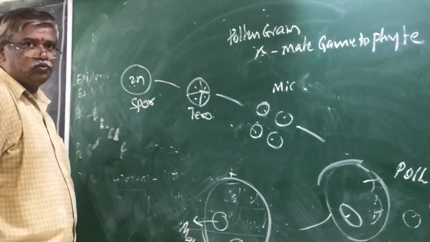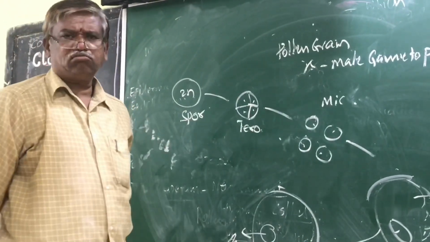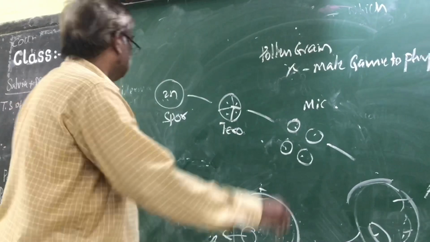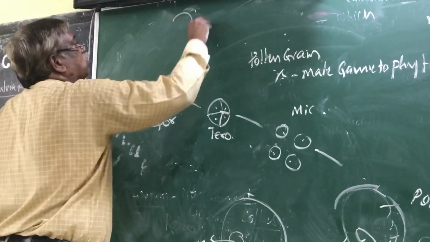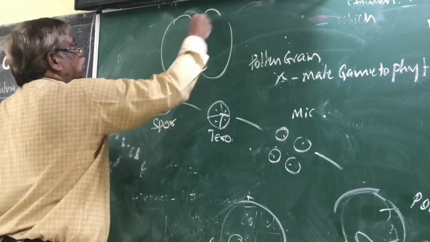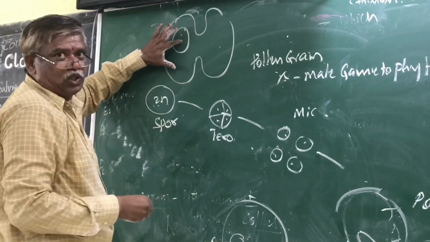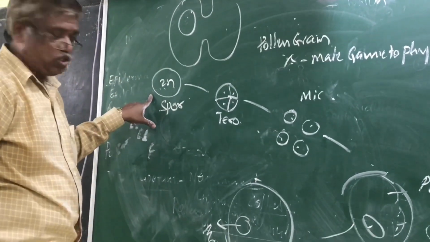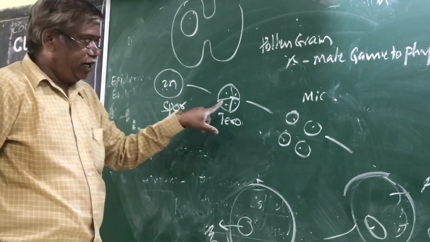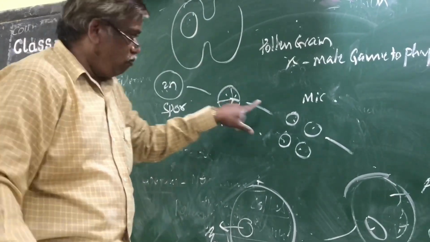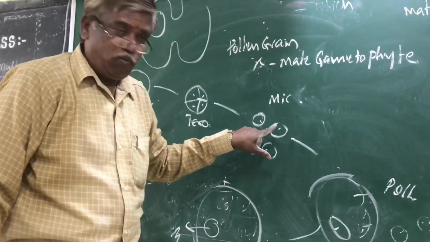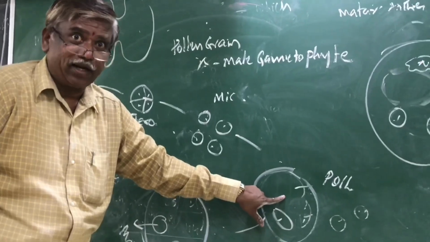All these changes occur in the theca. First the sporogenous cell becomes a tetrad, then microspores. The microspore becomes a pollen grain.